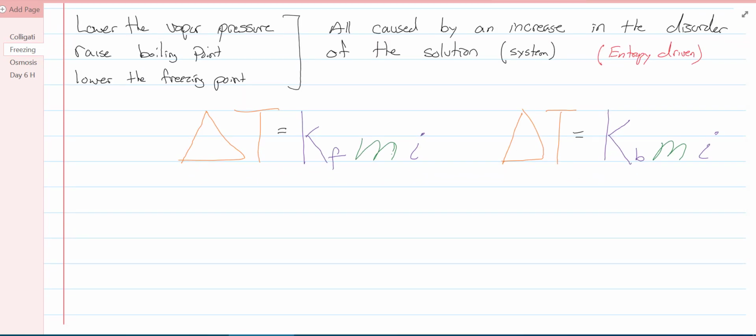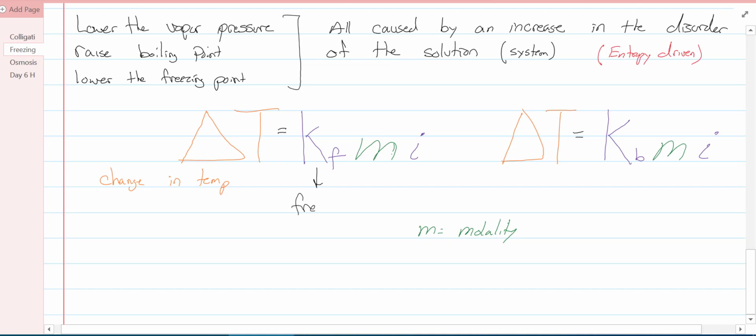Obviously delta T is the change in temperature. m is the molality, not molarity, the molality. i, of course, is the Van't Hoff factor. k is the constant.